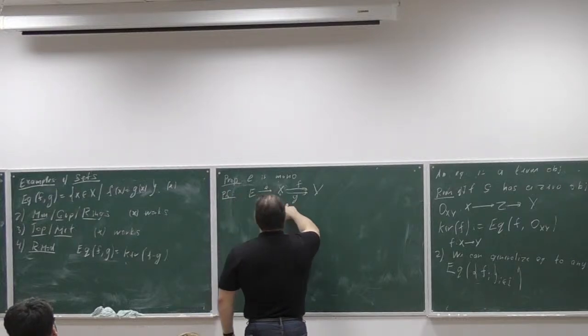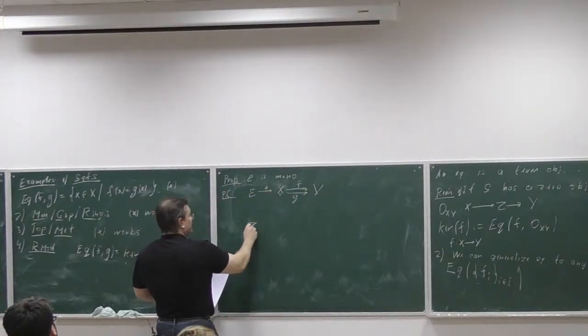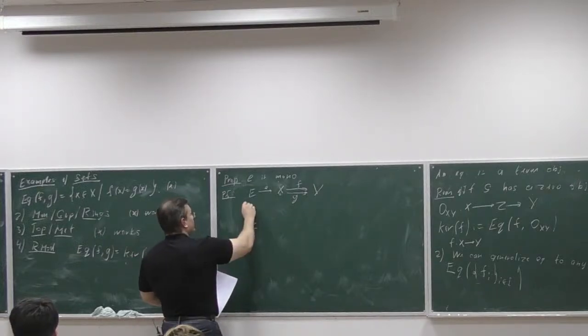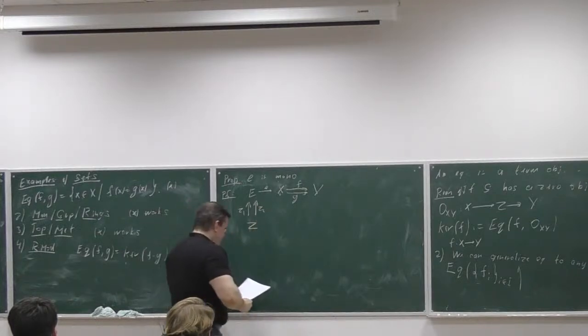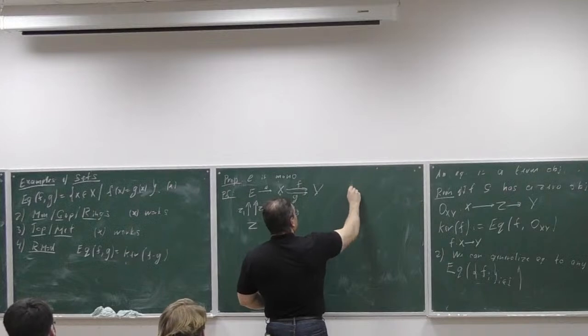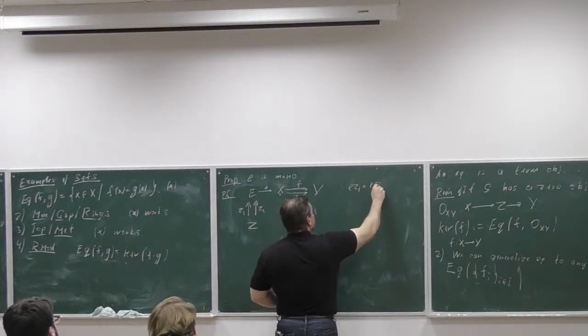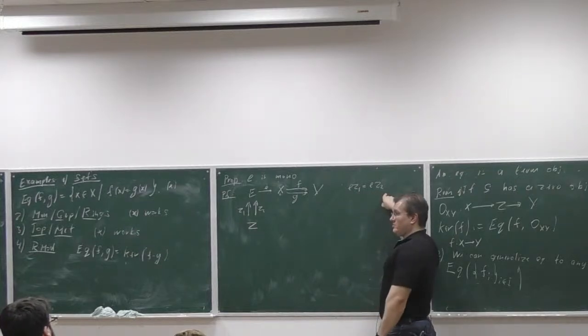So I want to check that this is a monomorphism in the category. Well, I start with some test object Z. Suppose I have two maps, Z1 and Z2. So I know that E Z1 is equal to E Z2, and I want to check that Z1 is equal to Z2. Right?